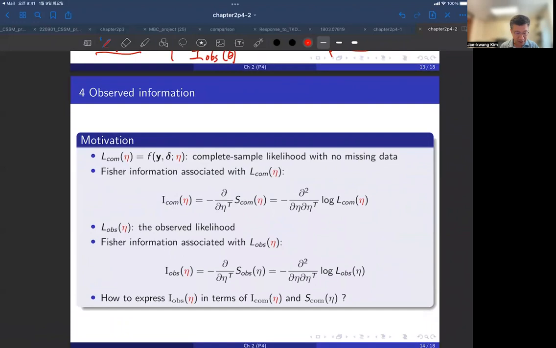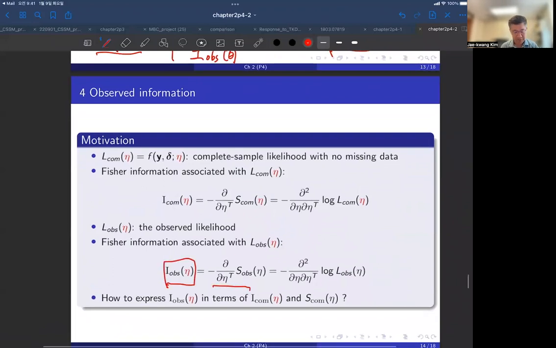And now the problem is that computing the Fisher information usually requires computing the partial derivative of the mean score function. And remember, the beauty of the mean score theorem is what? We avoid computing the marginal density, the observed likelihood.